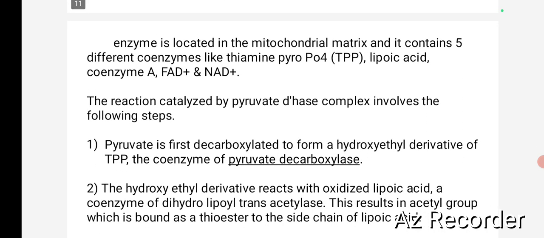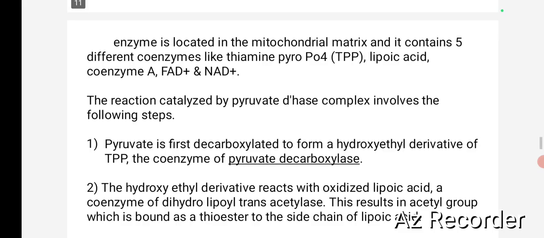The enzyme is located in the mitochondrial matrix and it contains 5 different coenzymes: thiamine pyrophosphate, TPP, lipoic acid, coenzyme A, FAD+, and NAD+. The reaction catalyzed by the pyruvate dehydrogenase complex involves the following steps.